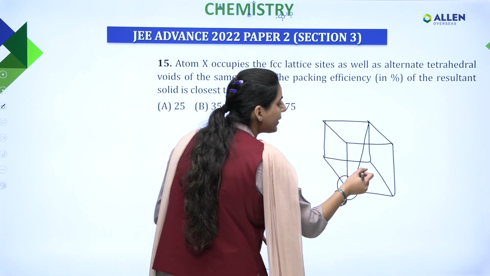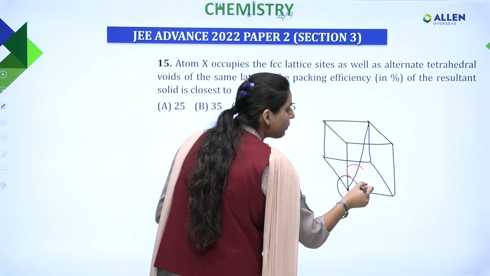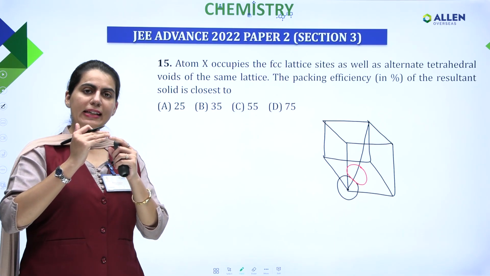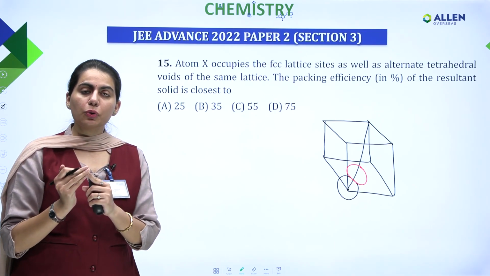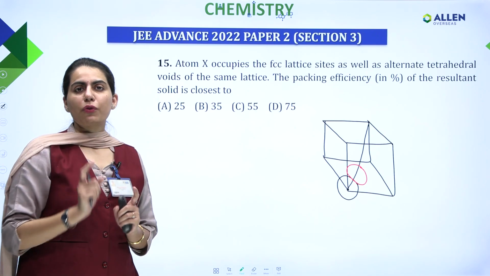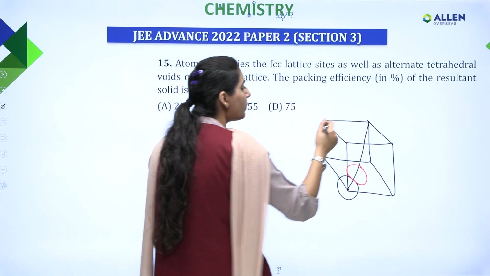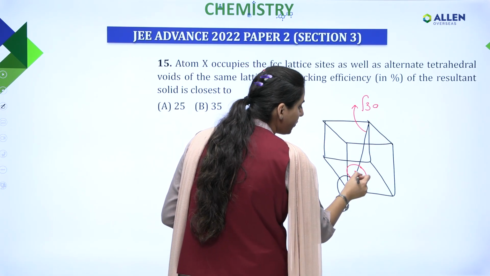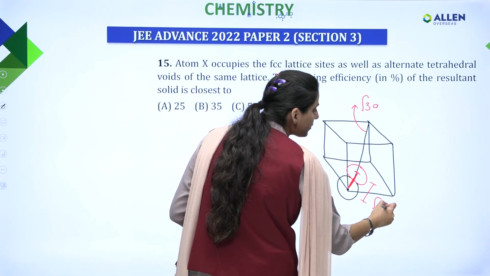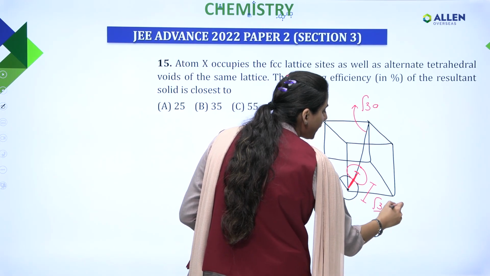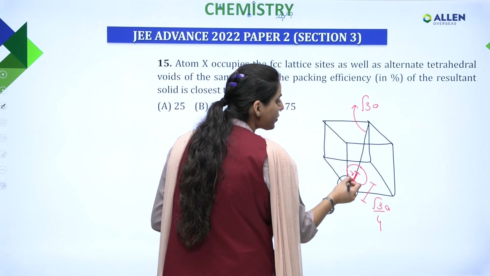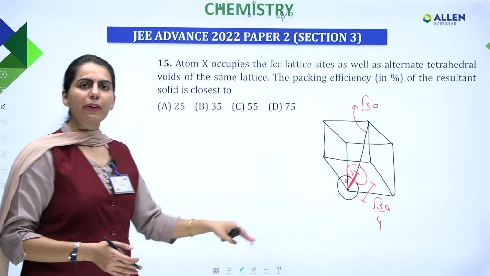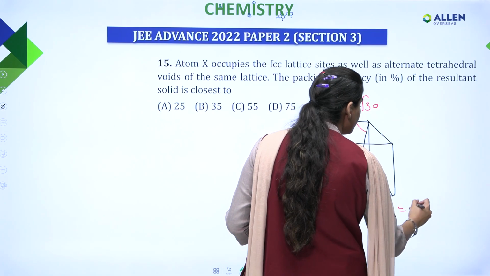So let's say that at this particular body diagonal, we have a tetrahedral void where this X atom is sitting. Now, the location of a tetrahedral void in a cube is 1/4 distance from the corner. The body diagonal length is √3a. Therefore, this distance from here to here is √3a/4, and it includes the radius of X atom, radius of X atom.